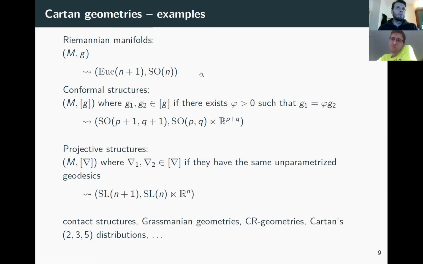And if you take the category of Cartan geometries modeled on this pair, then it is equivalent to the category of Riemannian manifolds, but you also have to include some conditions on the Cartan geometry side. You always have to have some normalization. Think of the Levi-Civita connection, right?